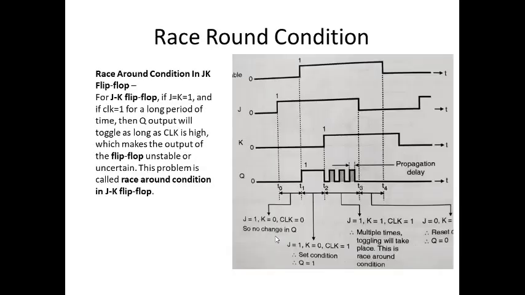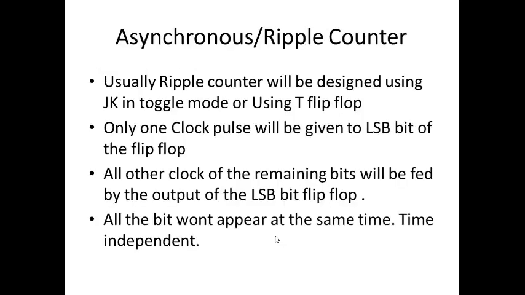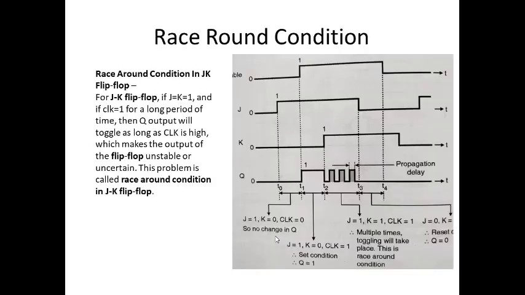And before going into asynchronous or ripple counter, in JK flip-flop, when J and K are tied together, that is said to be toggle mode. And if it is given 1, see J and K, this is a circuit diagram. So J is 1, K is 1 here.